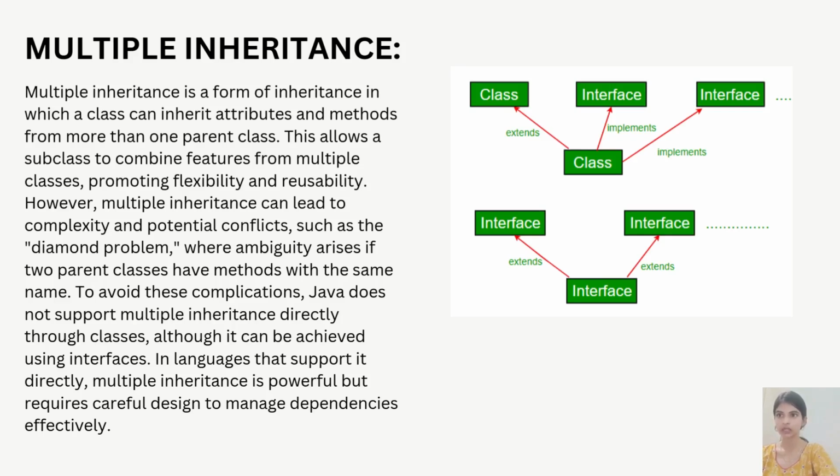To avoid these complications, Java does not support multiple inheritance directly through classes, although it can be achieved using interfaces in languages that do not support it directly. Multiple inheritance is powerful but requires careful design to manage dependencies efficiently.